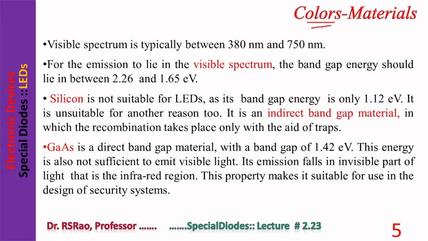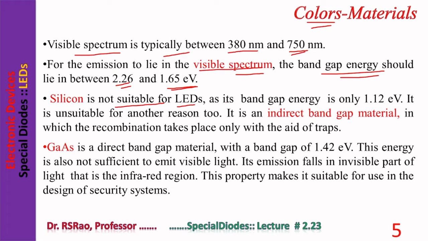Now some more important points regarding LED. Visible spectrum is typically between 380 nanometers and 750 nanometers. For emission to lie in the visible spectrum, band gap energy should lie between 2.26 and 1.64 electron volts. Silicon is not suitable for LEDs.